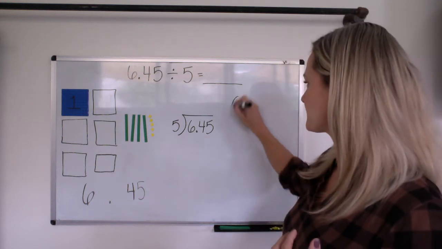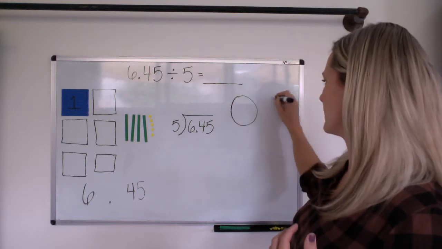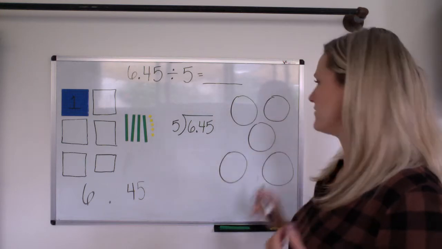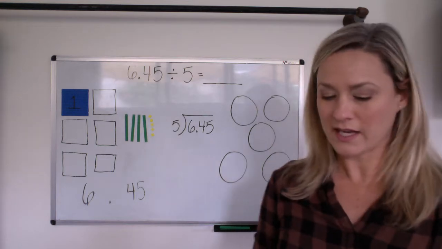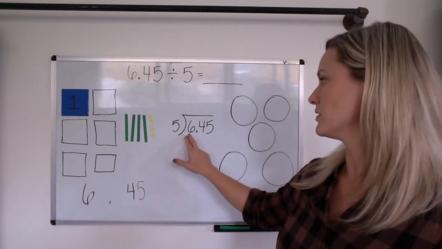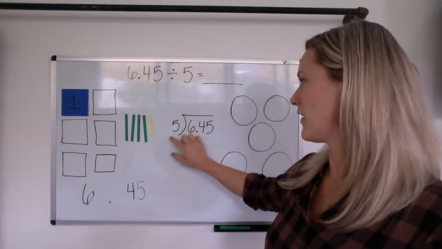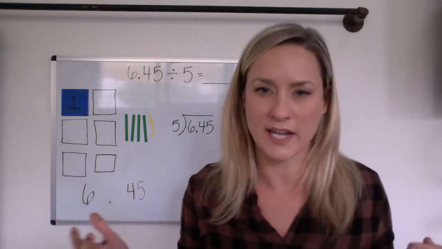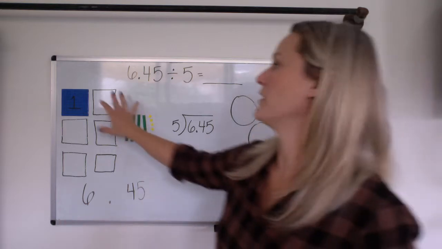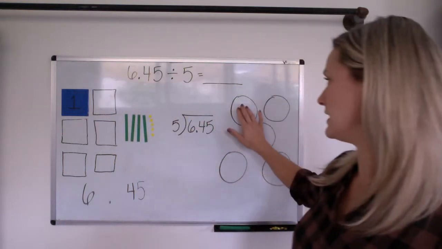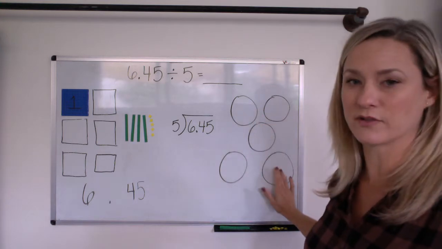All right, so here we go. I'm going to draw out 5 groups. 1, 2, 3, 4, 5. Okay, so in long division, you probably know the first thing people tell you to do is say, how many times can 5 go into 6? And already I'm kind of like, huh? So if I'm thinking about it like this, it's how many of these can I place in each of the 5 groups?